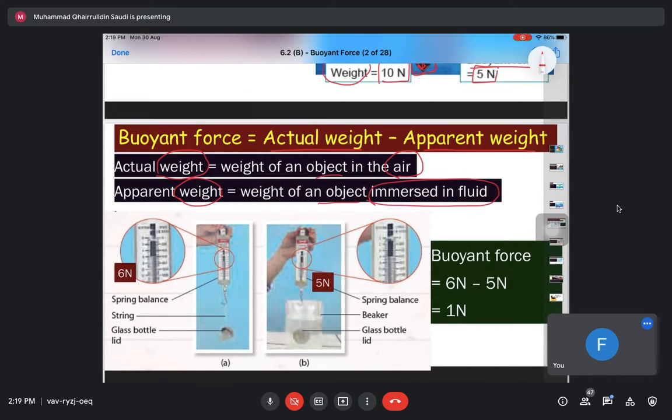So how can we calculate? Let's say to measure weight, we use a spring balance.